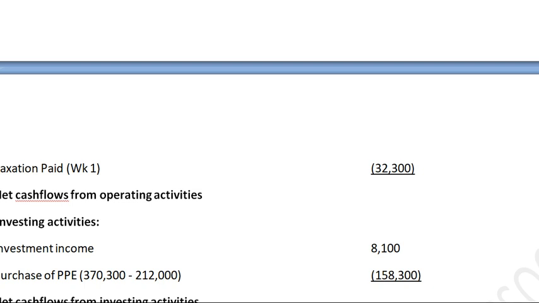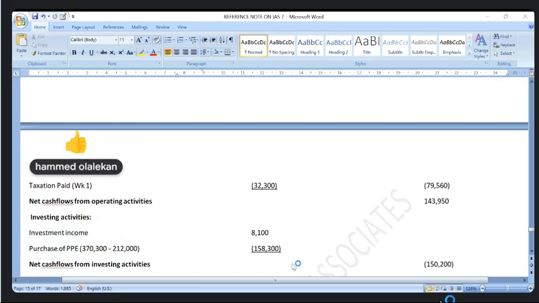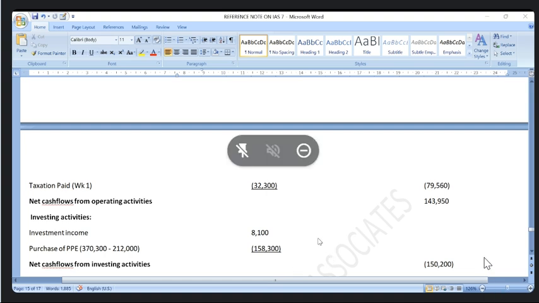So now let's take these three together. We have net cash flow from operating activity to be 143,950. Have you taken that? Are we still together? Class, are we still together? Okay. Yes, sir. All right. Add minus 150,200 to it.